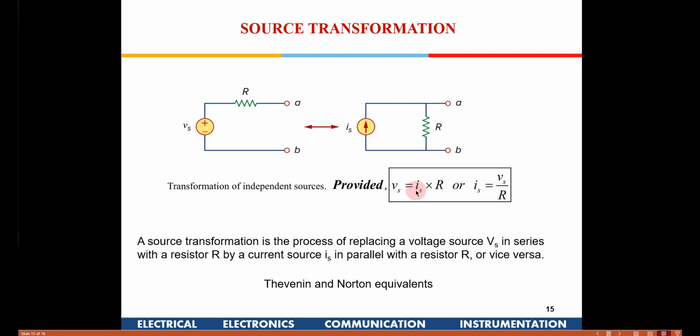If you have Is and R, you can represent it like this, and the value of Vs will be computed as Is times R. Similarly, if you have this, you can represent it like this. So just remember this particular slide. These are Thevenin and Norton equivalents. We will discuss the theory behind this later on. I just covered this slide to make your Monday tutorials a little more interesting.